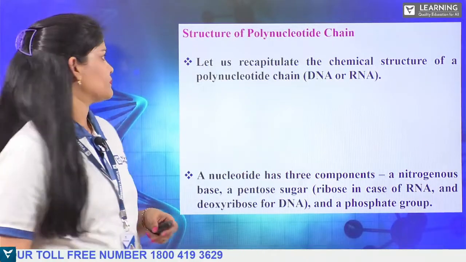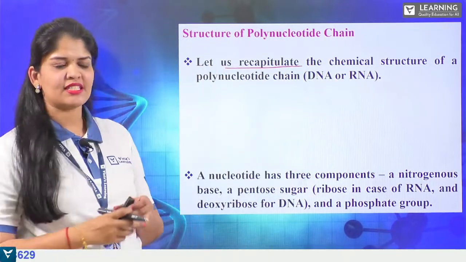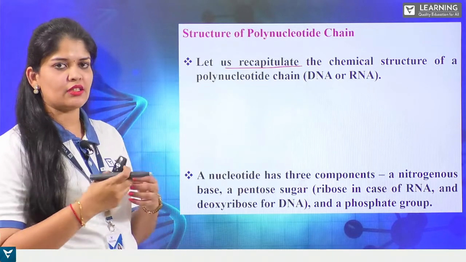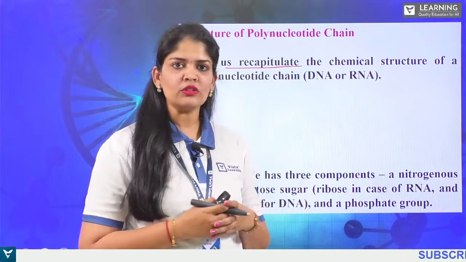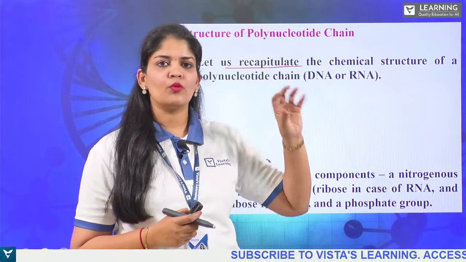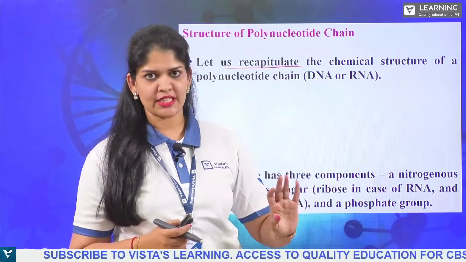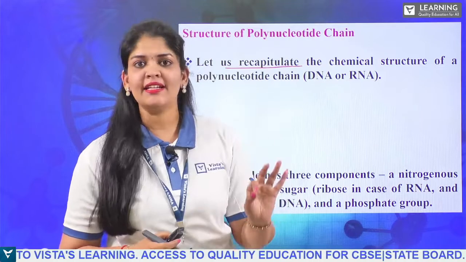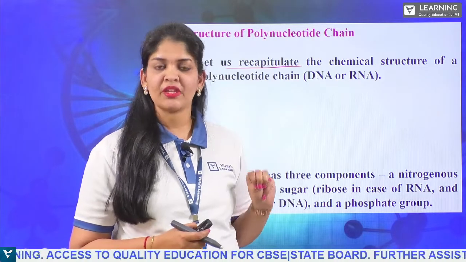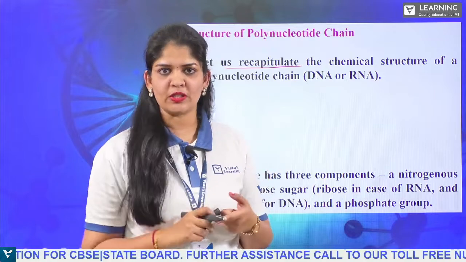So here, let us recapitulate. Let's summarize whatever we have known so far about the DNA. As we already know, DNA is made up of monomeric units of nucleotides. It is a polymer made up of nucleotides. Each and every nucleotide will have three components in it. What are they? Nitrogenous bases, which are divided into two, purines and pyrimidines, right?